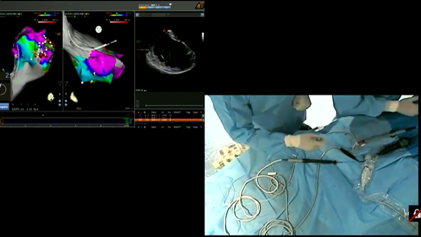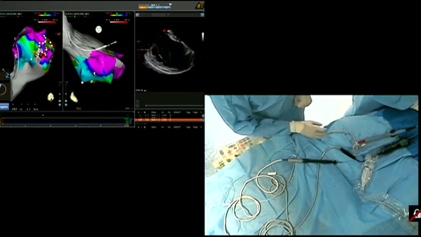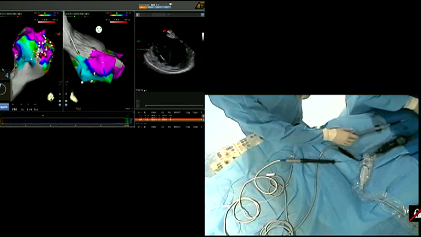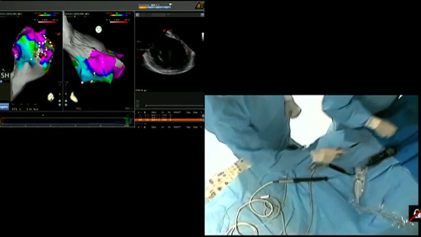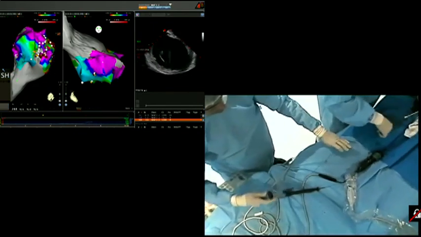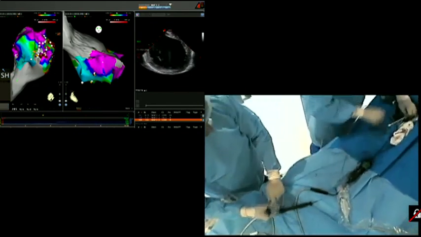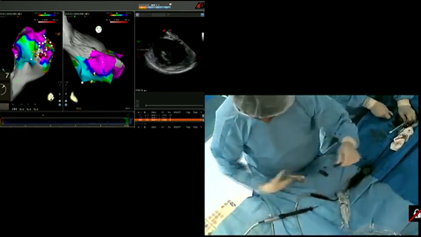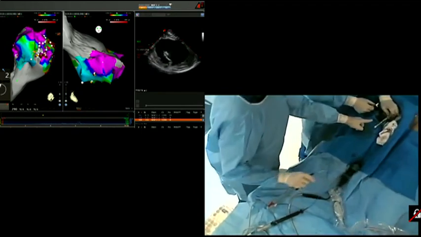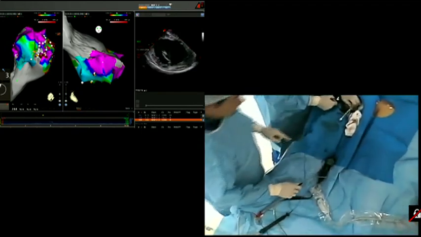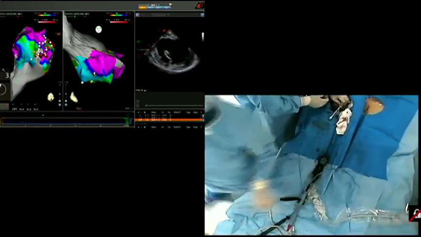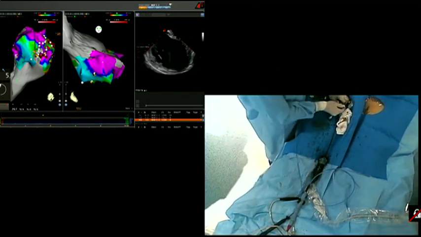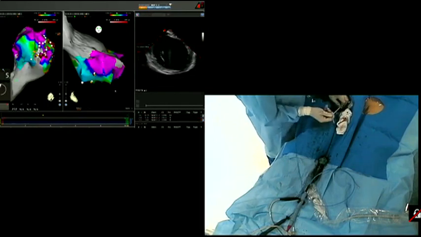Well, it's been irrigated. We are going to remove the catheter, the ablation catheter. Give me a saline syringe. We don't want to have any problem here. Has it been irrigated? Yes. We need some help over here for irrigation. Where is the boss? Help us to irrigate the sheath.